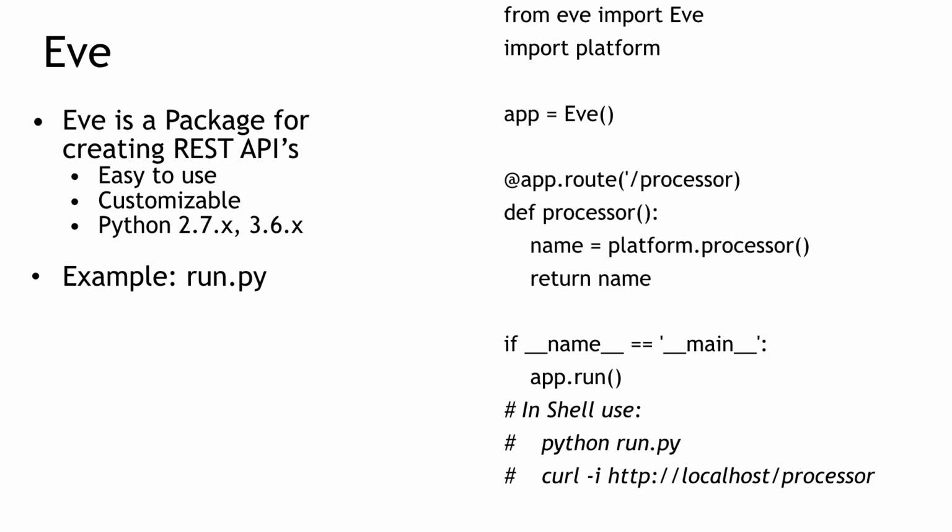We just issue a request from the command line to the server with the given URI that we are passing along. And here we are passing along the localhost processor to identify what comes back. So please try this out, and you will be able to obtain information about your processor.